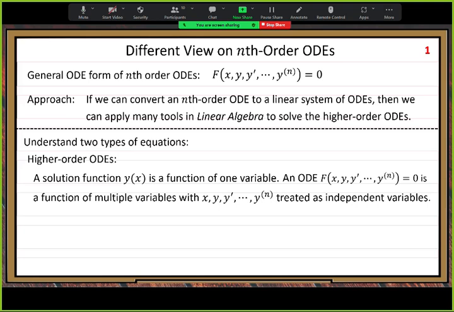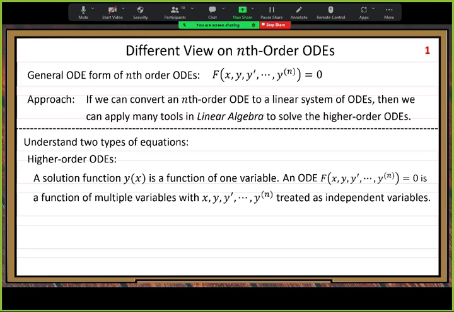If we look at these variables, they are not independent; there are some relations among them.